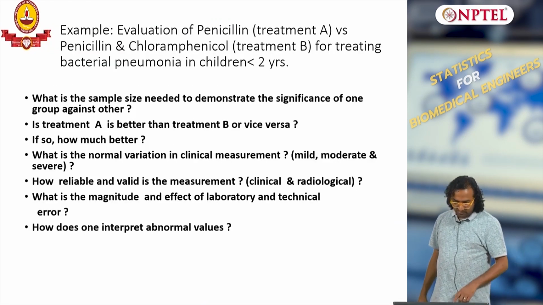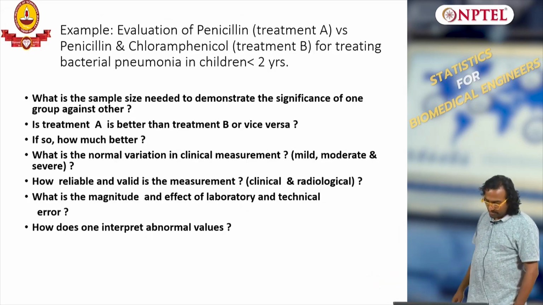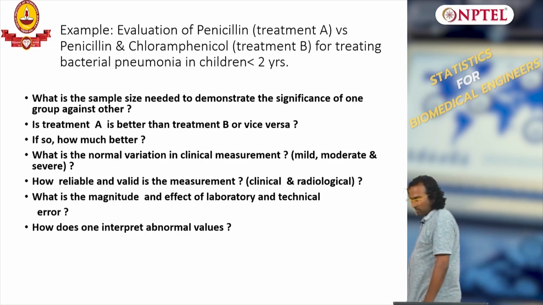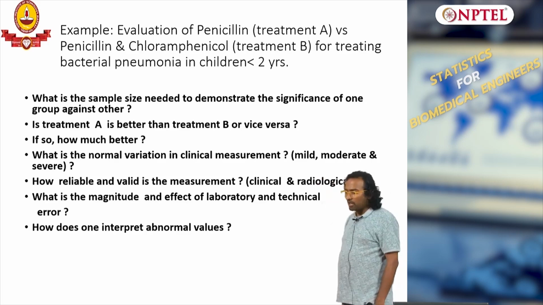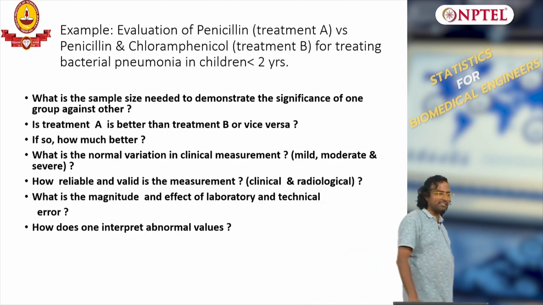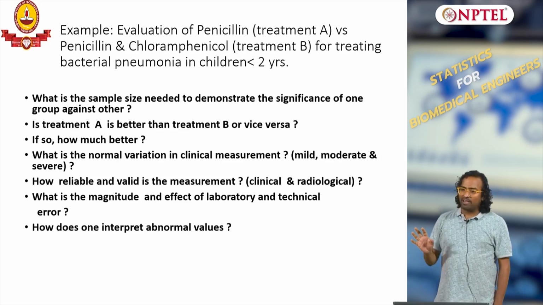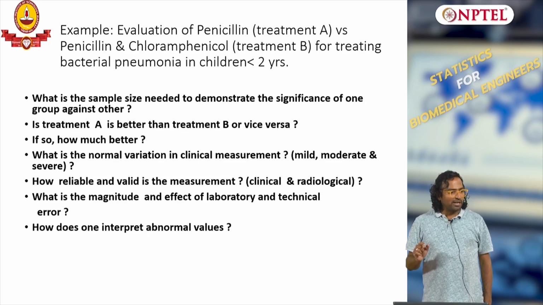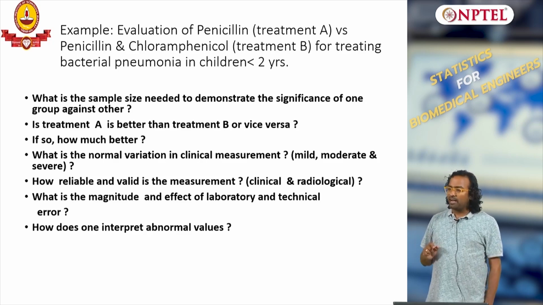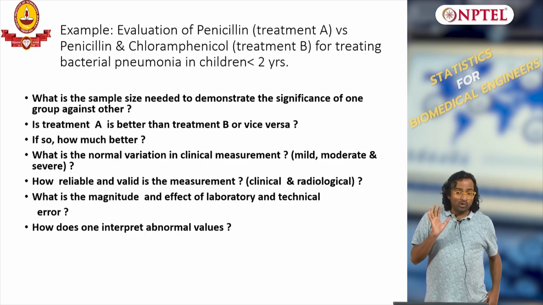So I have given an example like evaluation of penicillin, treatment A, versus penicillin and some other drug, chloramphenicol, treatment B, for bacterial pneumonia in children less than 2 years. See how now we have the objective: I want to evaluate just the use of penicillin or penicillin and another drug for pneumonia in children less than 2 years.